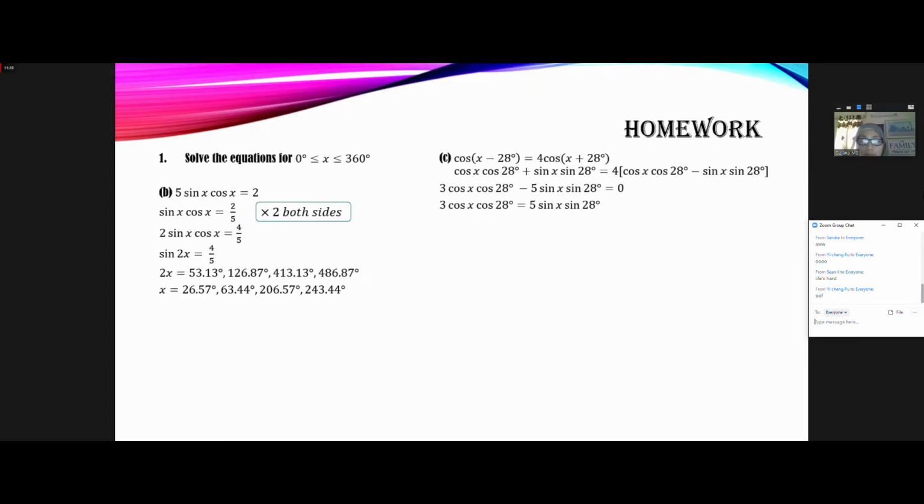So if you notice, sine over cos gives tangent. So I bring over the cos x cos 28 to that side, and I bring the 5 to the left hand side. It becomes 3 over 5 equals sin x sin 28 over cos x cos 28.